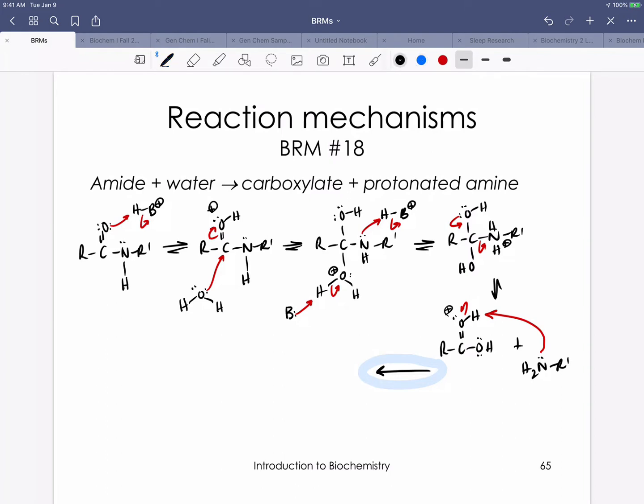But again, we're going to end up here with a carboxylic acid and now a protonated amine. And it's likely, based on physiological pH, that we are going to have this carboxylic acid in its deprotonated state.